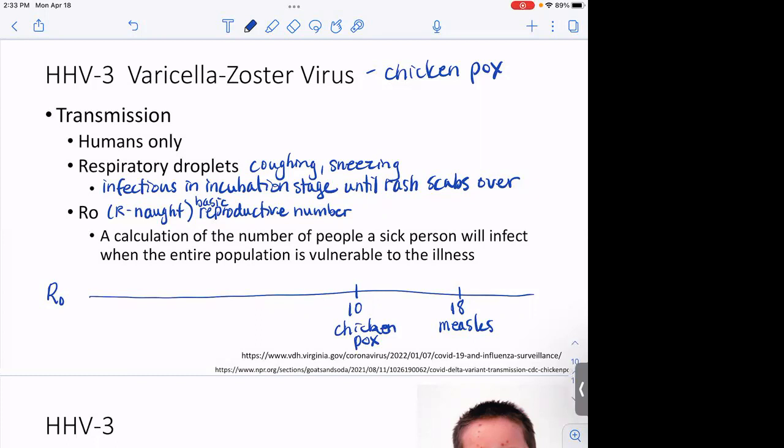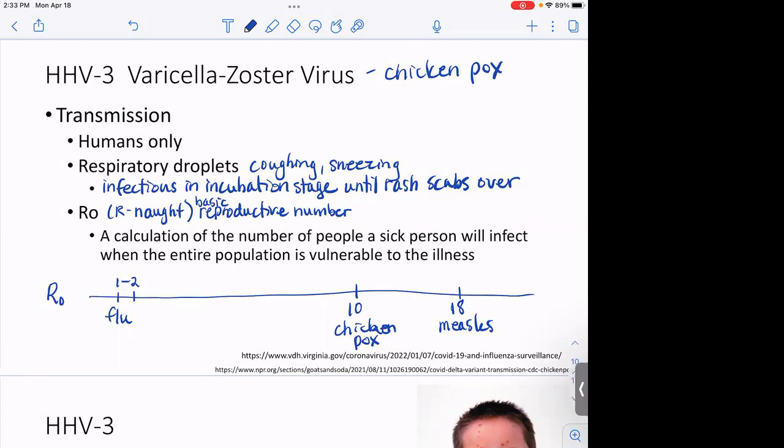I thought that was interesting because of course there's been a lot of talk about this with COVID. Flu is usually somewhere between 1 and 2. As long as the R0 is higher than 1, it's going to keep going in the population.